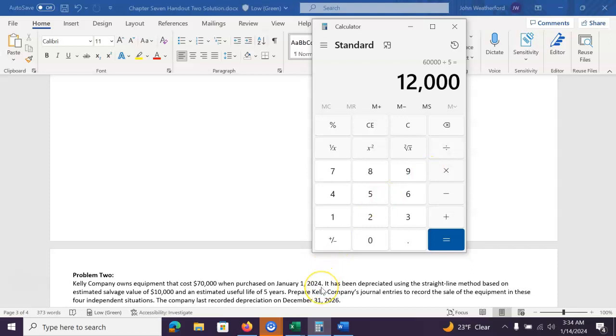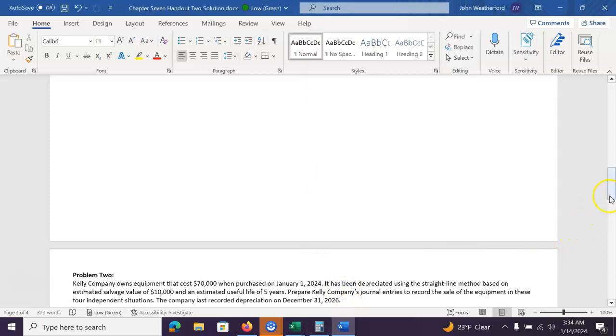And it's been in service in 2024, 25, and 26, right? So 3 years so far. So the balance at the end of 3 years in accumulated depreciation should be $36,000.